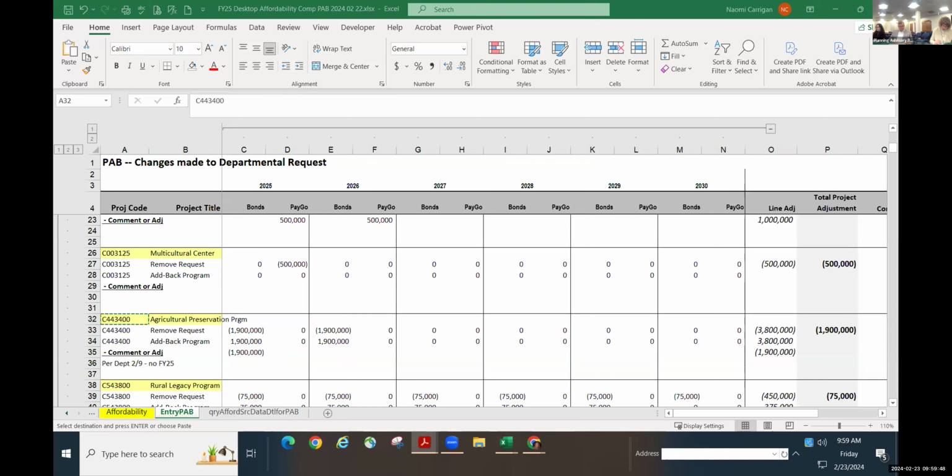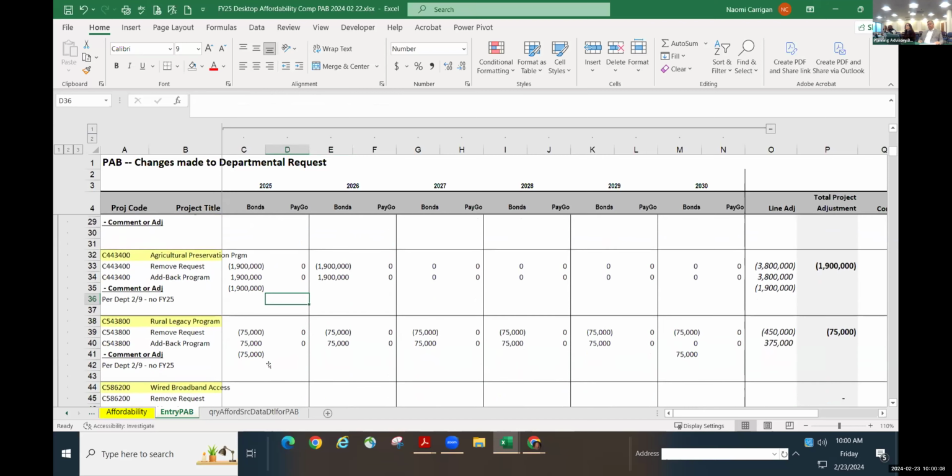Oh, at the bottom, I'm sorry, okay, got it. So you kept it for 25 and then took it out? No, I removed it for 25 because the department indicated they didn't need funding at this time, but I kept fiscal year 26. Okay, thank you. That sounds appropriate.